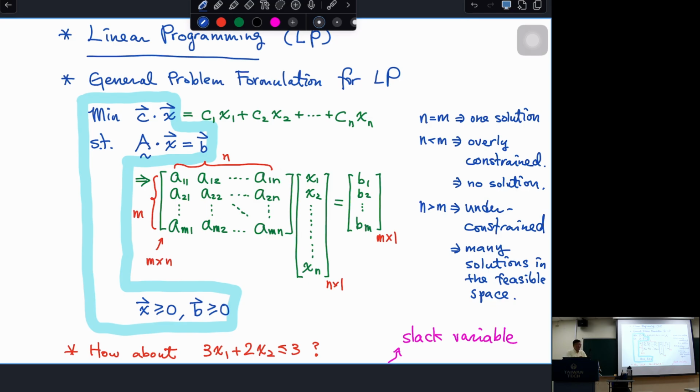So when you have infinitely many solutions inside the feasible space, you need optimization to find one point inside the feasible space and claim that one is the optimal. So for this course, for optimization, we only handle the under-constrained case, where the number of variables is larger than the number of equations. So we can only handle this.